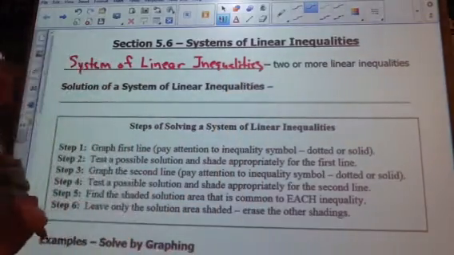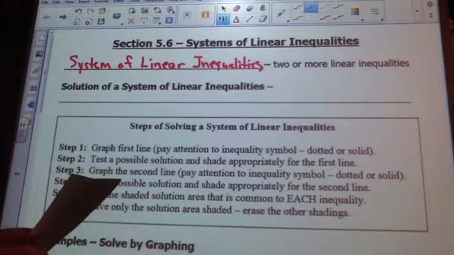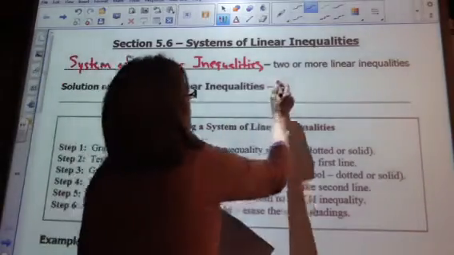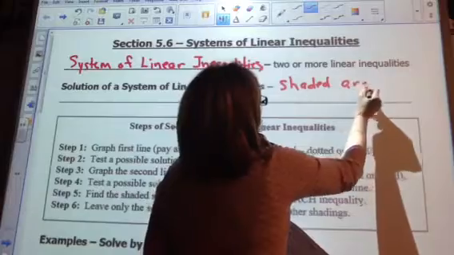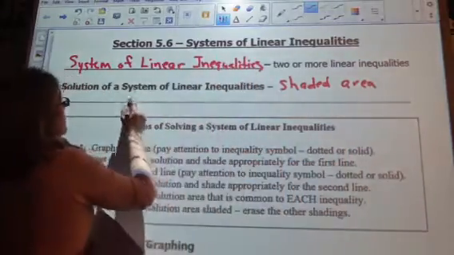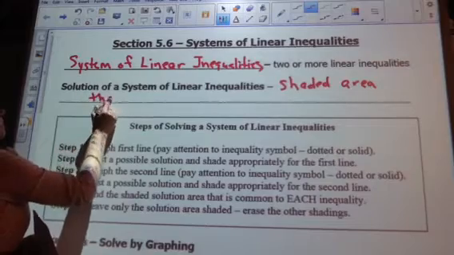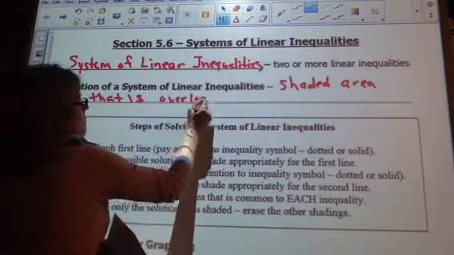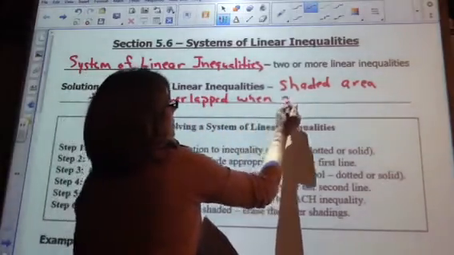inequalities is two or more linear inequalities, and the solution of the system of linear inequalities is the shaded area that is overlapped when graphing.